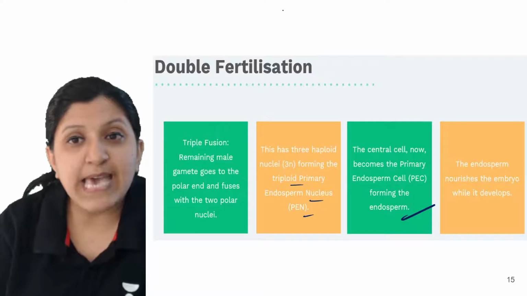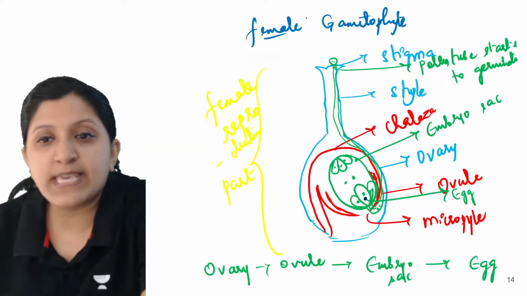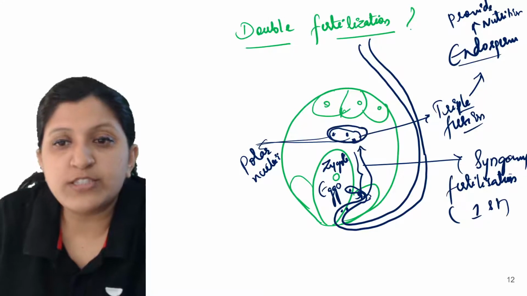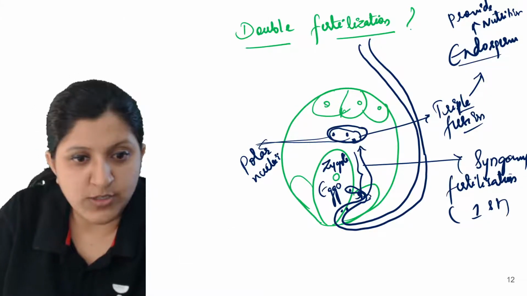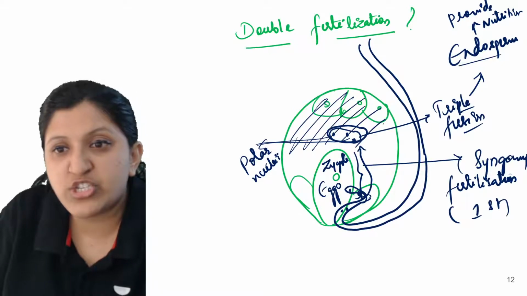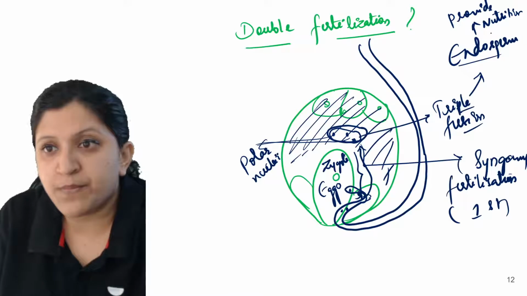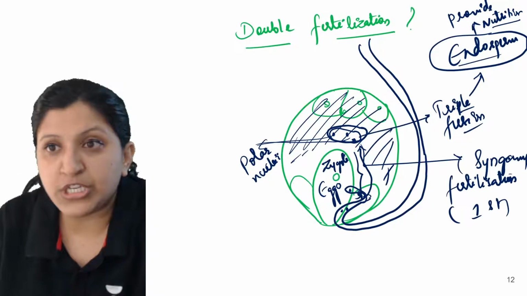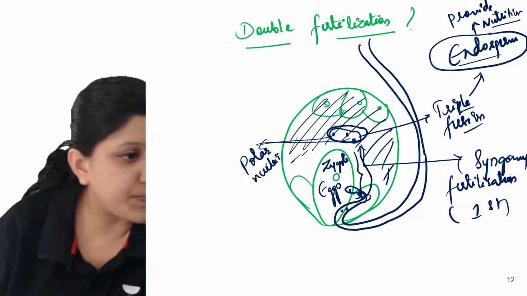So why is this happening? Once the triple fusion occurs, this product I'll just highlight here, this whole thing is going to become endosperm, providing nourishment.